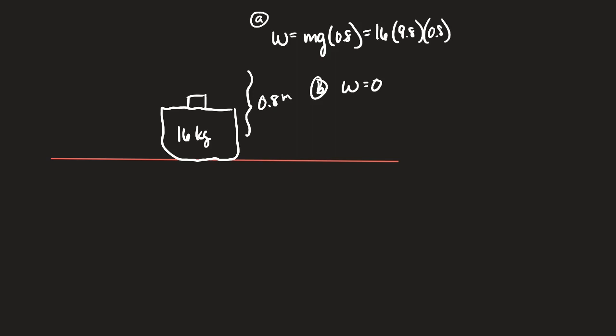Question C, what work do you do when you lower it 0.8 meters? Probably the negative of this. Now, that part might not be obvious to you, but if we consider that you are pulling upwards on the object, and the object is being lowered to the ground, then there is a 180-degree difference between the direction the object is going and the force you are applying.